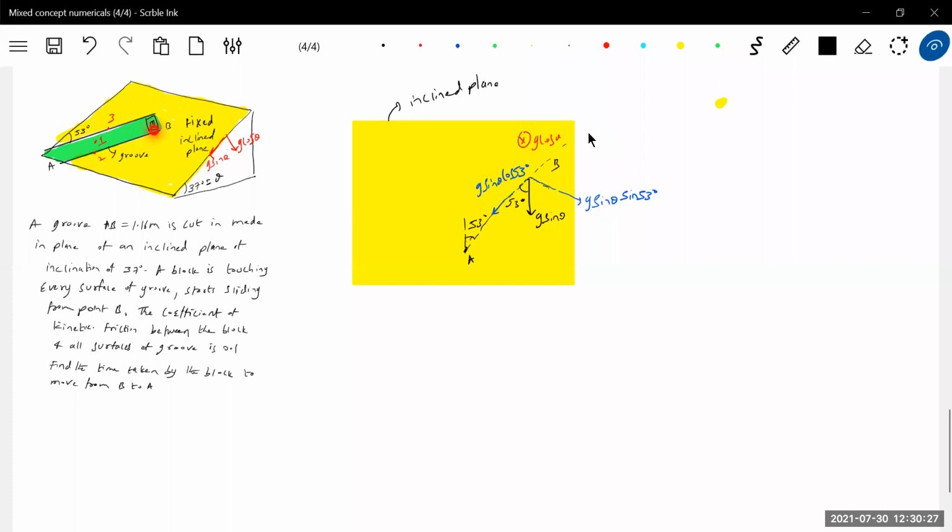surface 2 and will be acting. So what are the forces the block will experience? We'll bring the block here now. This mg sin theta sin 53 degrees will press the block against this surface 2. It will be in contact, okay, this is surface 2.